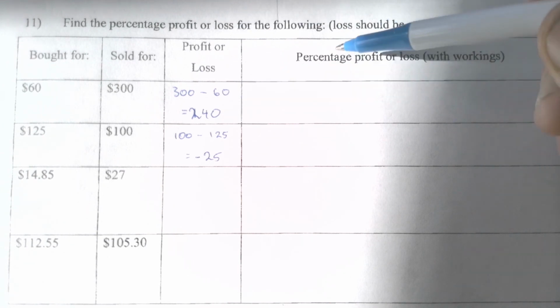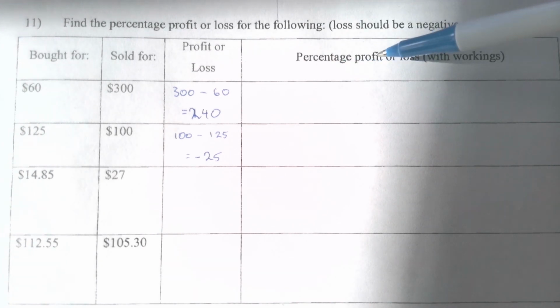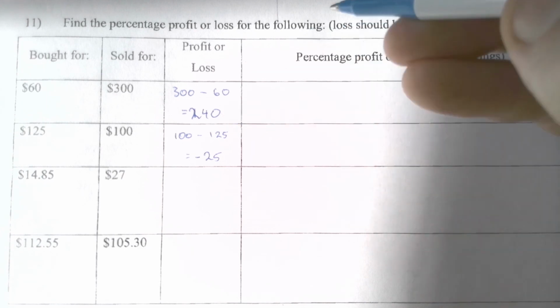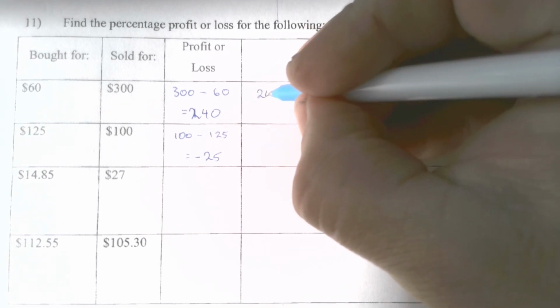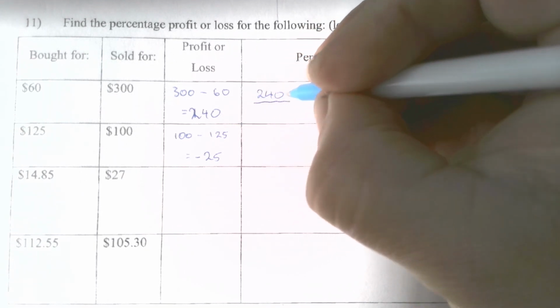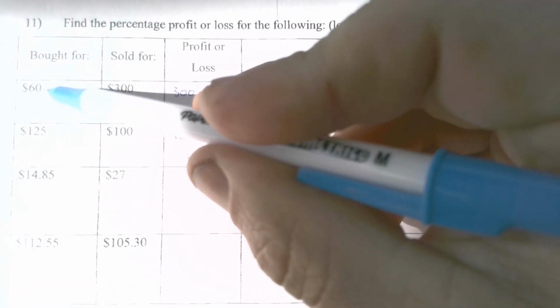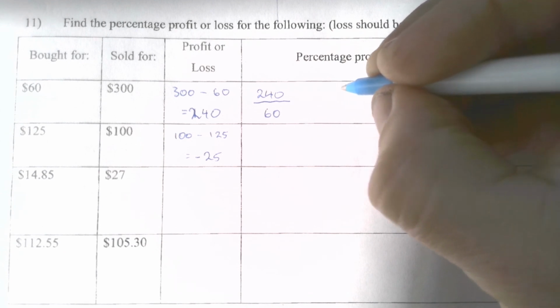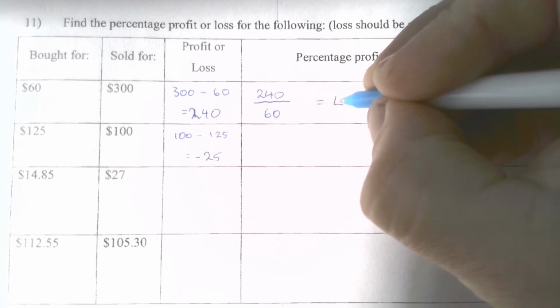Now, to calculate the percentage of profit or loss here, what we need to do is take the amount that we profited or lost, which is 240, and divide it by the original amount. Okay, so the original was 60. And if you pop that in your calculator, you're going to end up with 4.